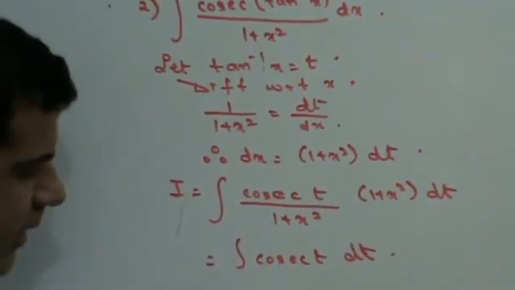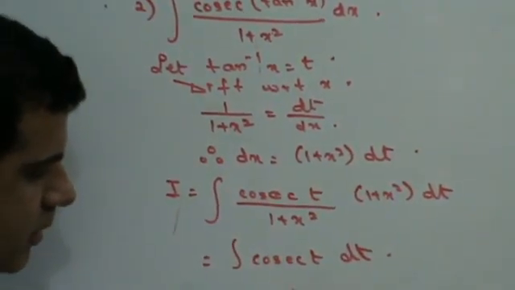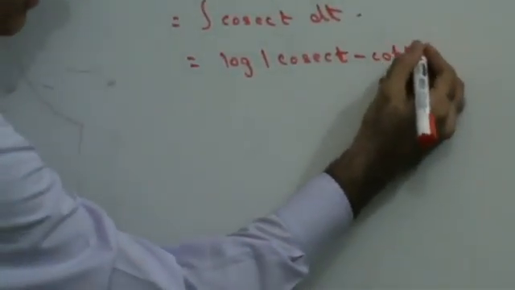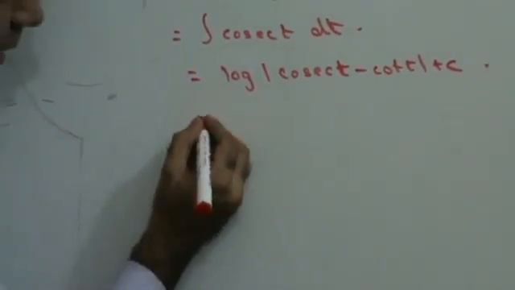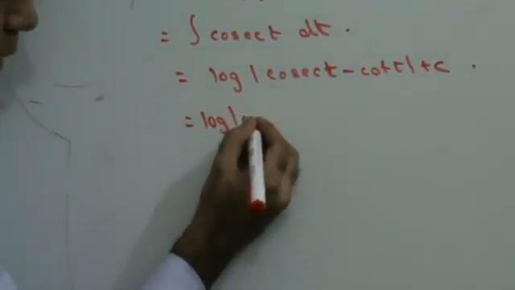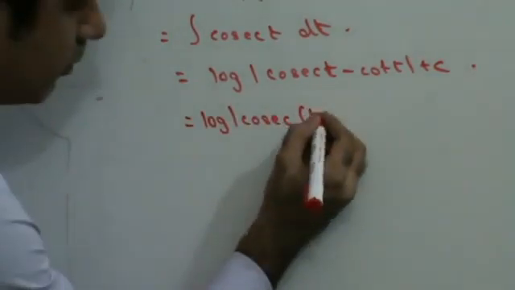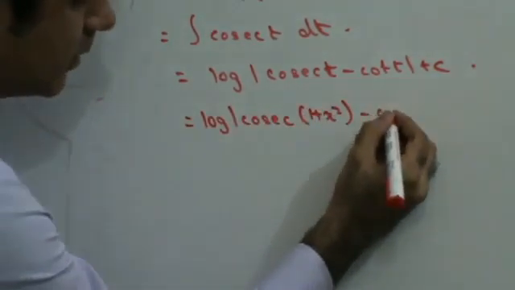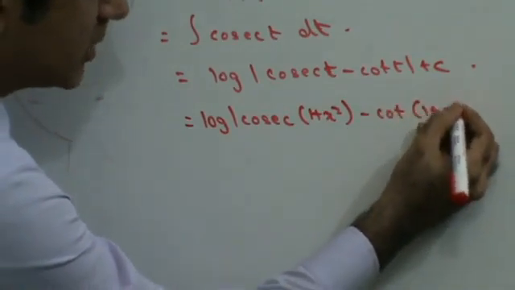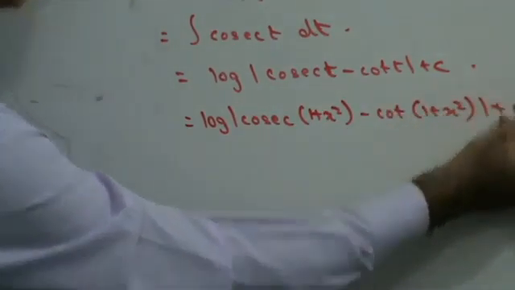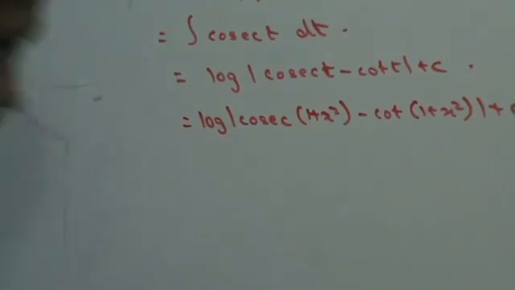Integral of cosec t is log mod cosec t minus cot t plus c. We substitute the value of t. So this is log mod cosec tan inverse x minus cot tan inverse x plus c. Right? Let's see another sum, guys.